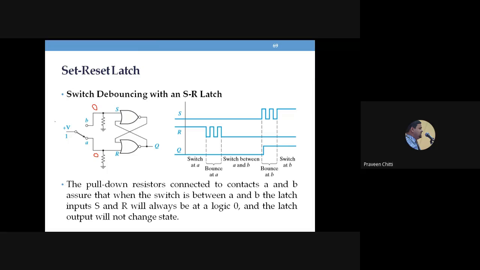Now we are using a mechanical switch here. You can see this is the mechanical switch. This switch can be thrown either to position A or to position B. When the switch is connected to position A, the input R becomes 1, and when the switch is connected to position B, the input S becomes 1. Here the switch is connected to position 2 or position A, and hence R will become 1.